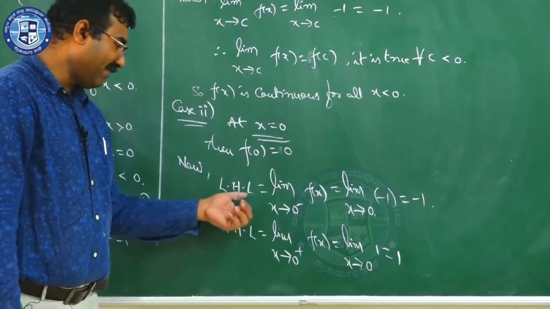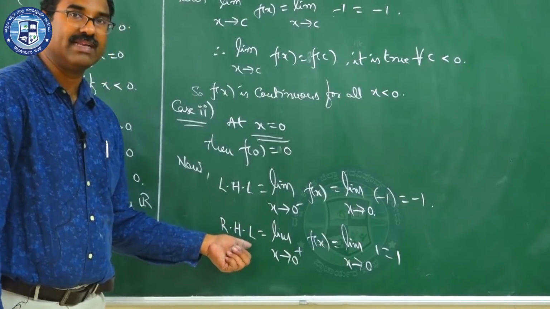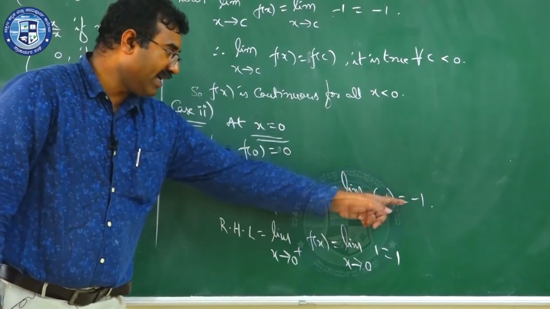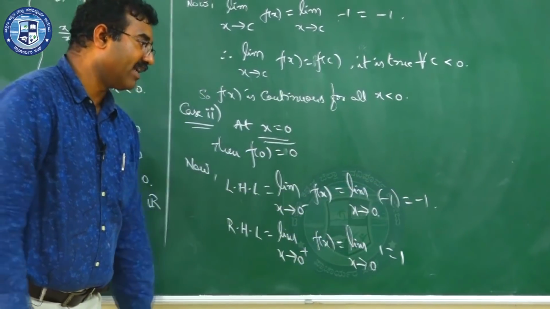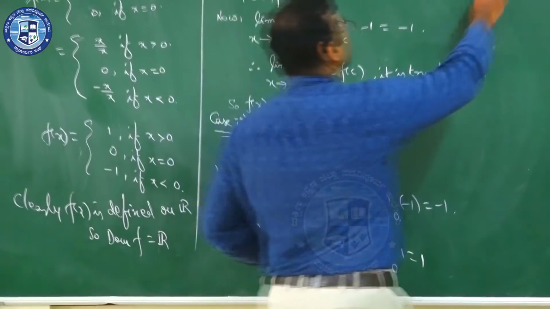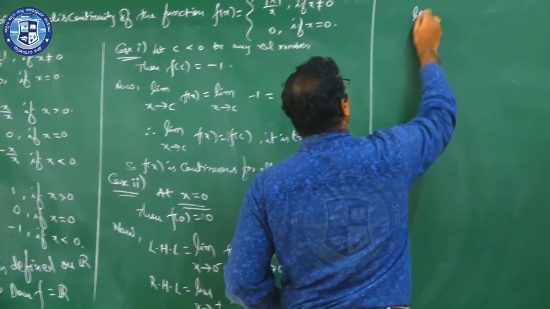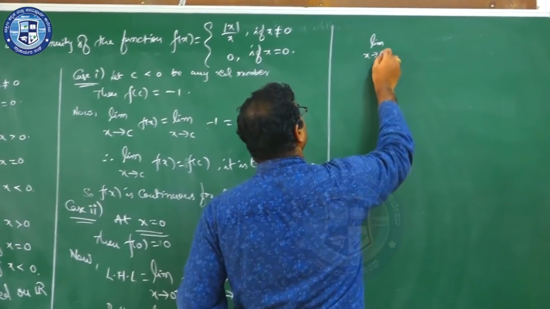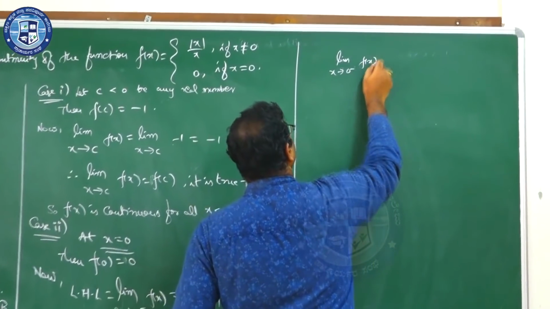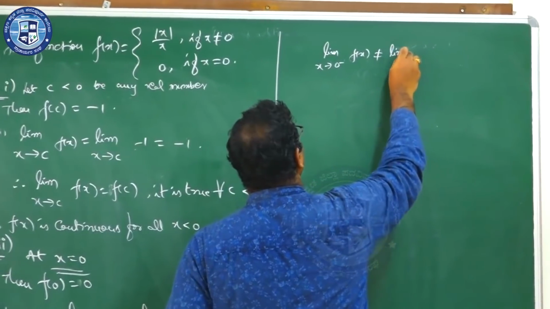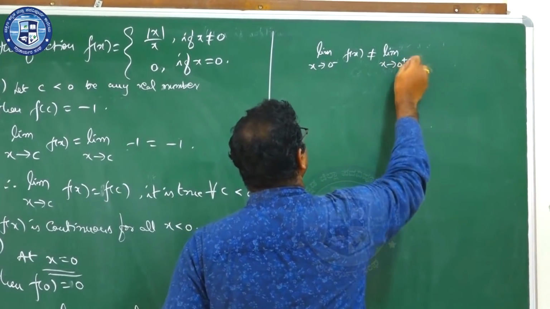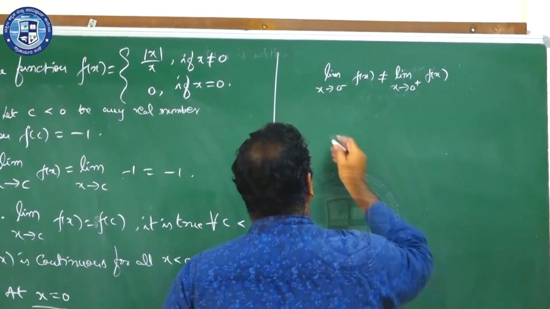It is very clear, the left hand limit is not the same as the right hand limit. Left hand limit you are getting minus 1 and right hand limit you are getting plus 1. So limit x tends to 0 minus of f(x) is not the same as limit x tends to 0 plus of f(x).